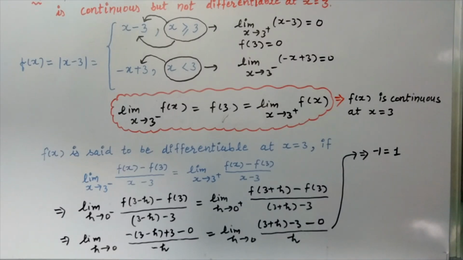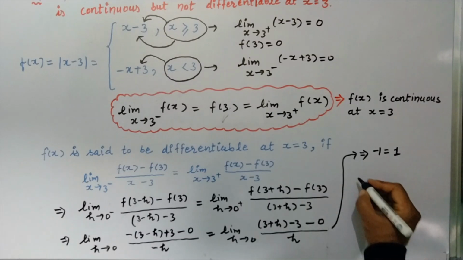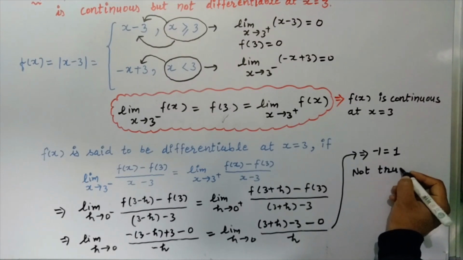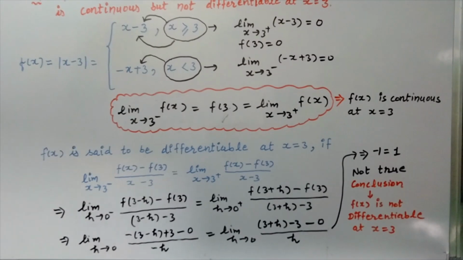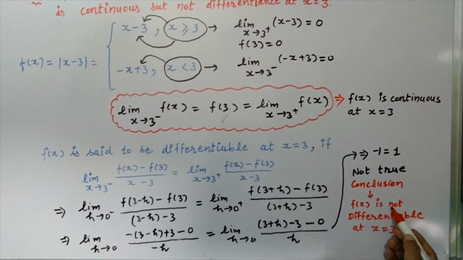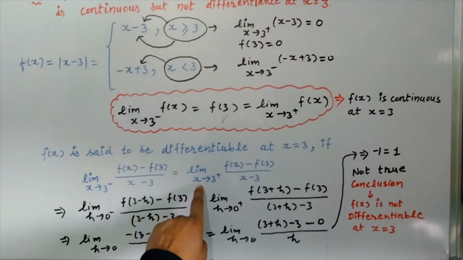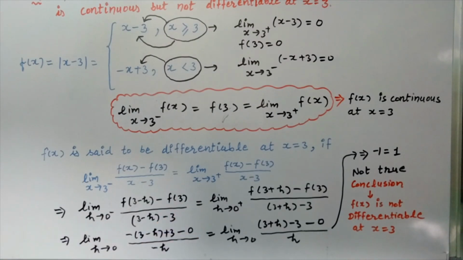So minus 1 equal to 1 is not true. Our conclusion is that f of x is not differentiable at x equal to 3, because the left-handed derivative at 3 is not equal to the right-handed derivative at x equal to 3. This was question number 4. Now the next question.